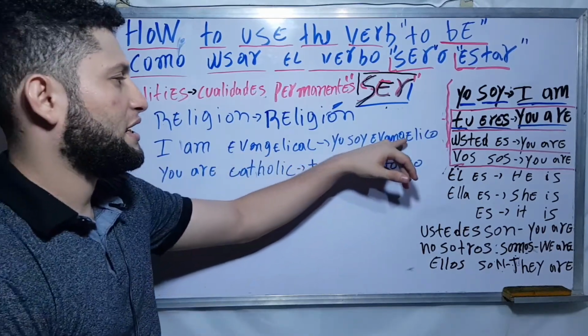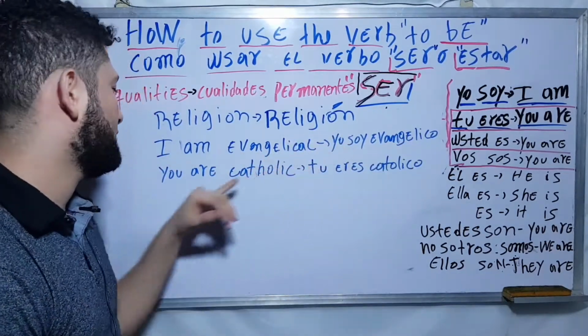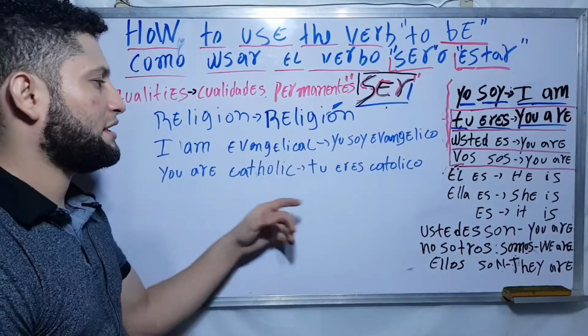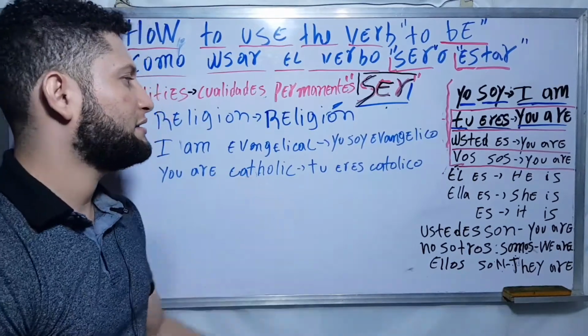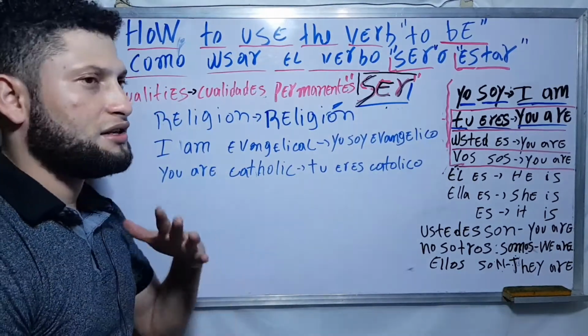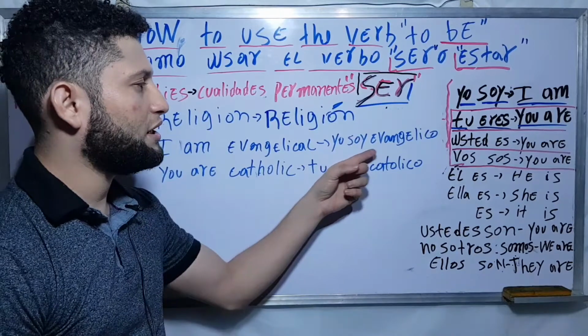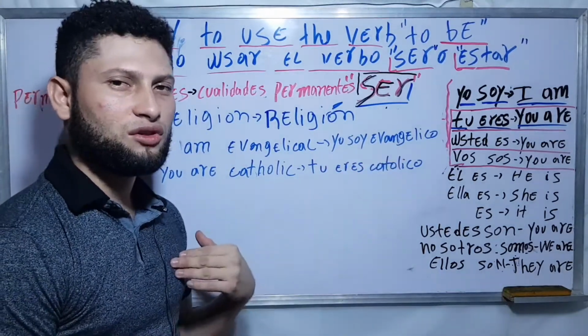Okay, now you see, I am evangelical. Yo soy evangélico. So religion. You are Catholic. Tú eres católico. Something that I would like to mention, guys, is you can say just soy evangélico.